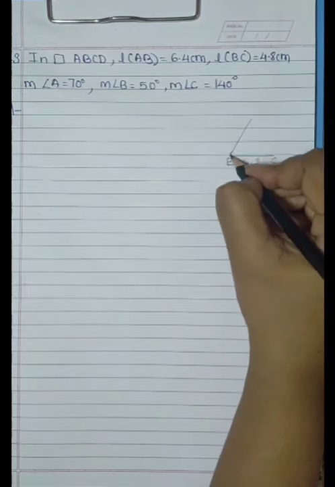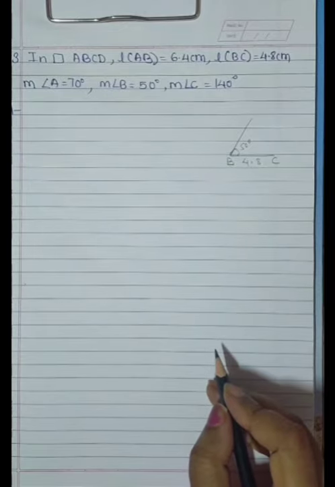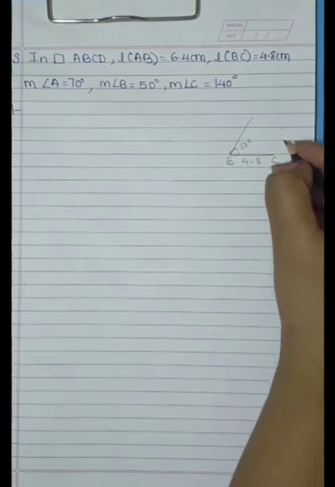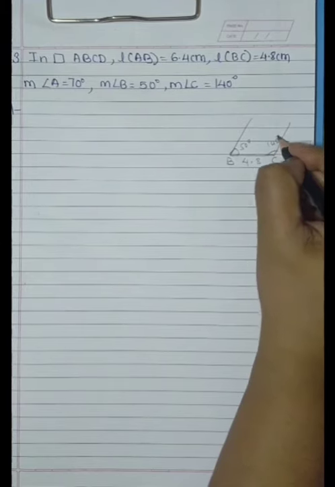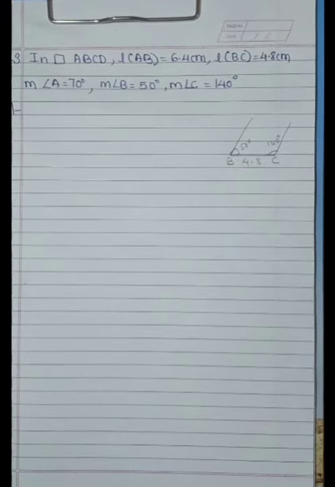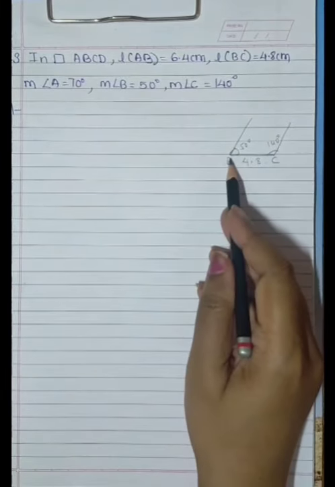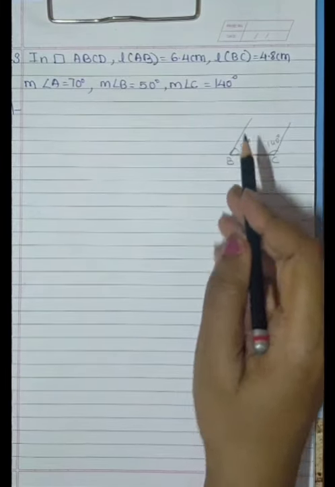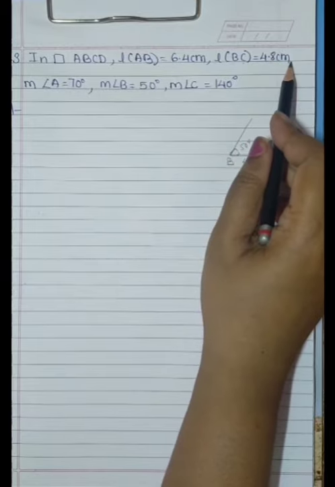Okay, this is our 50 degree angle, and measure angle C is 140 degree. This is our 140 degree angle. Okay, now here as you can see we are having B, and here what is given? BC is equal to 4.8 centimeter.